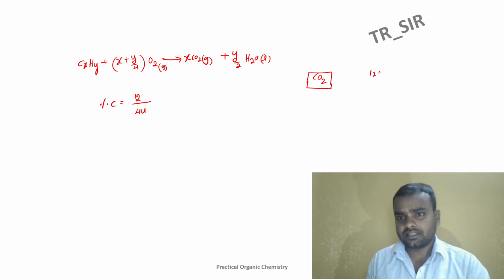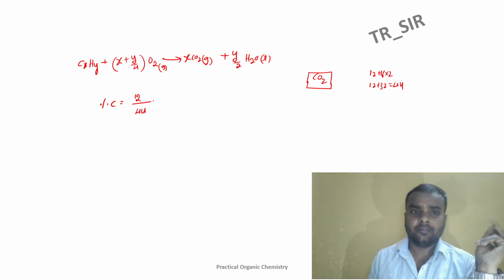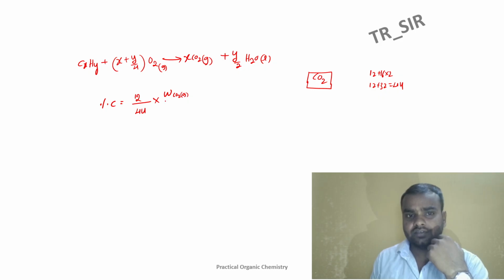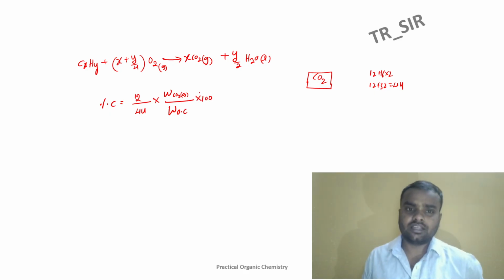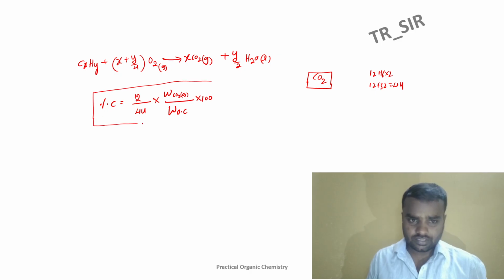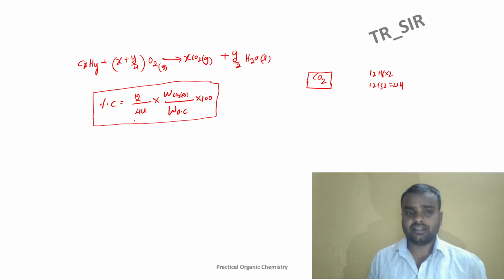Carbon 12 plus oxygen 16 into 2, that is 12 plus 32, you will get 44. Into weight of CO2 gas divided by weight of organic compound into 100. If I do this calculation, we will get the percentage of carbon present in a given organic compound.